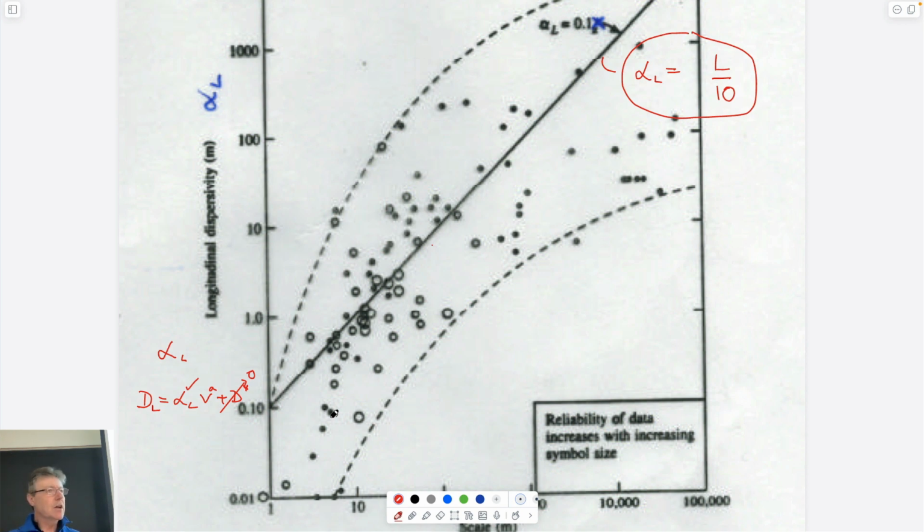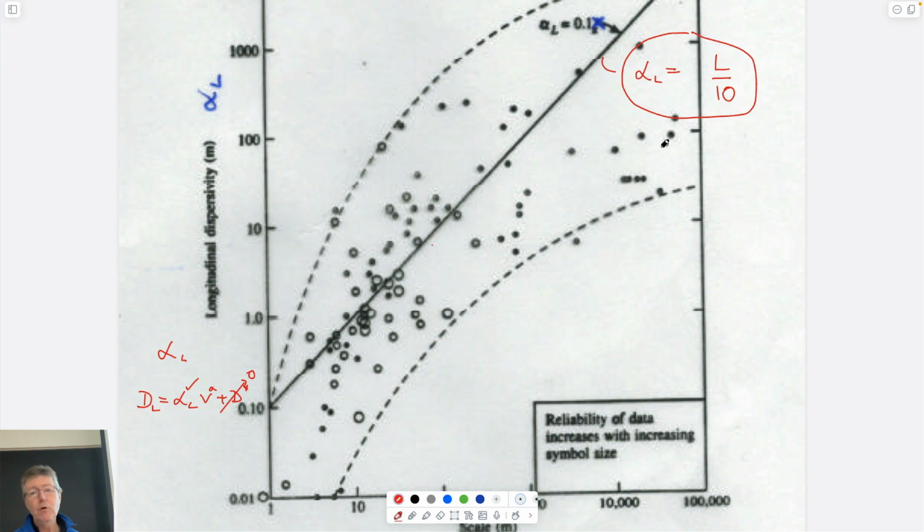If you're doing it at a kilometer scale, then it sees a fault which might be able to take the stuff from where you're standing to 10 kilometers in the distance and therefore give the dispersion that relates to that. So the basic idea is that as you have a larger plume, it samples a bigger and bigger volume of your aquifer, and the chance of you finding a big, fast, high velocity conduit in that part of the aquifer increases, and therefore the dispersion goes up.